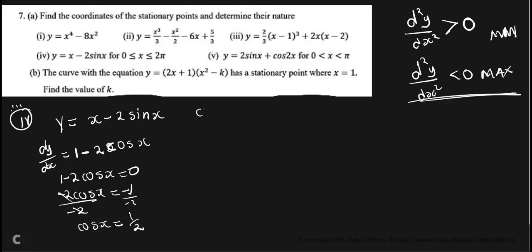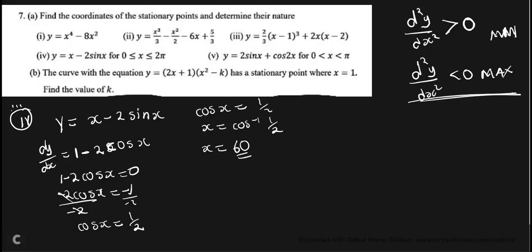Then cos x equals 1 over 2, meaning that x is equal to cos inverse of 1 over 2. The answer is 60, right?